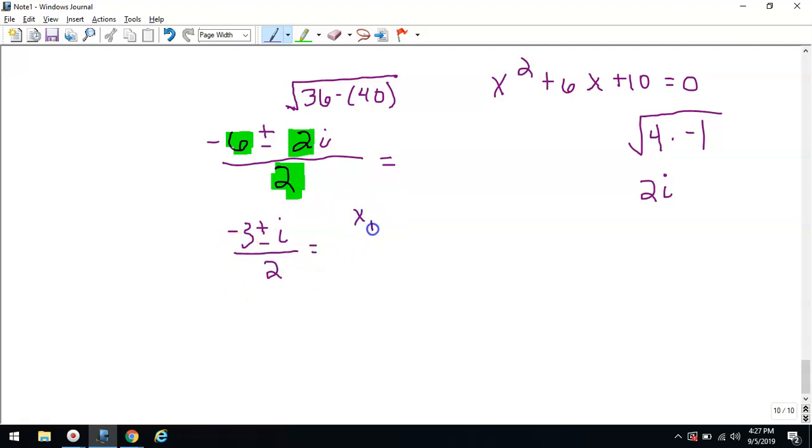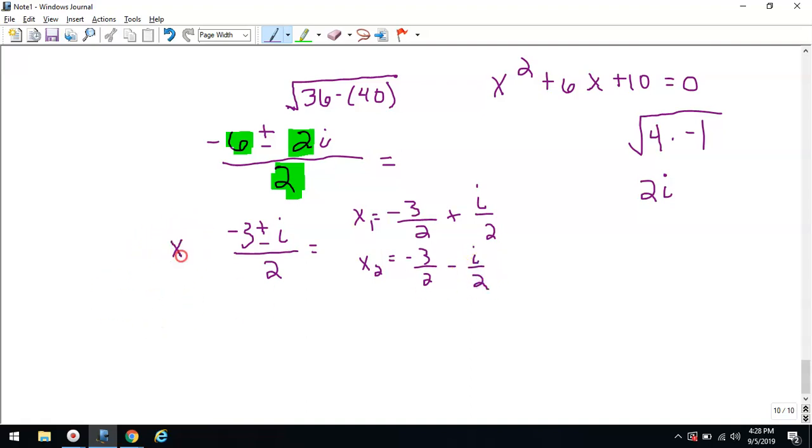So x sub 1 is going to be negative 3 over 2 plus i over 2. And I'm writing it as a complex number, which means we have to separate it out. And x sub 2 is equal to negative 3 over 2 minus i over 2.